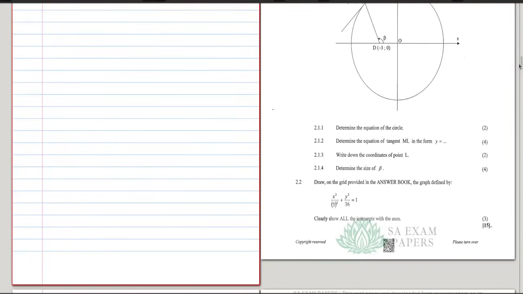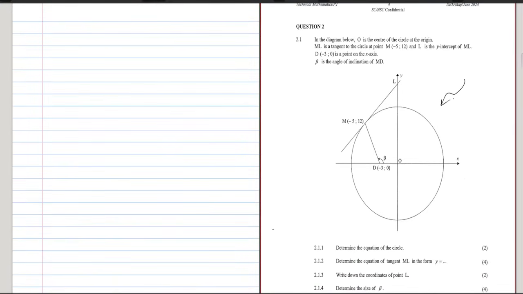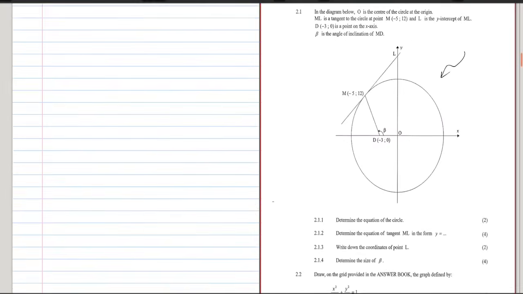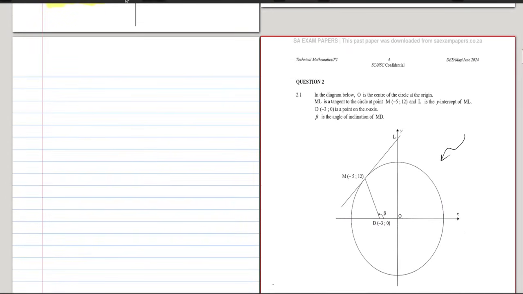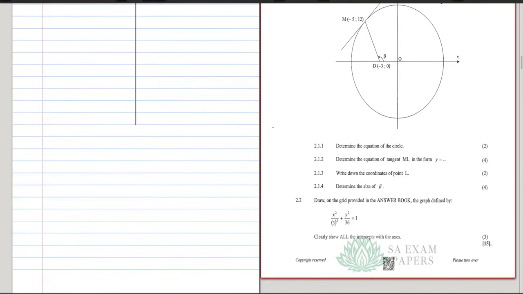It's a two-part question where we are dealing with a circle and an ellipse. Again, let me divide the paper like this, and then drag it down again.